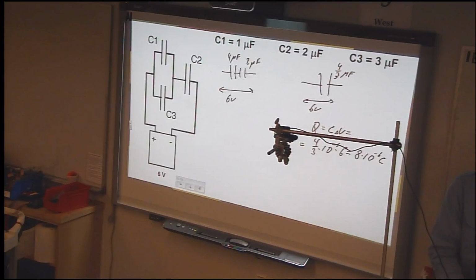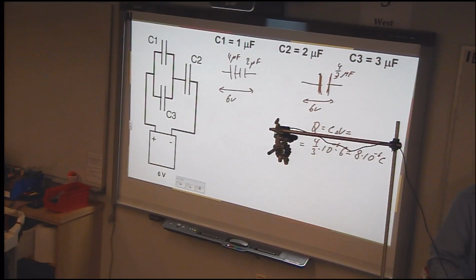Where that charge would have been collected. It would have been collected on these plates if we had all 3 original capacitors replaced by this one. We could have done it.